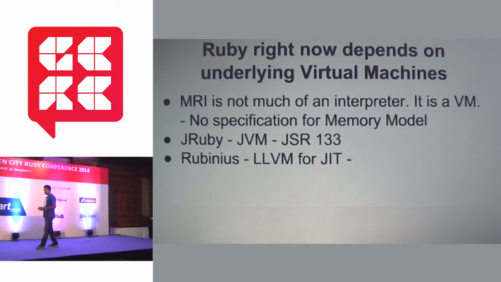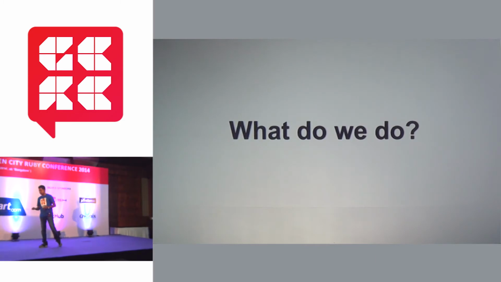And obviously, JRuby and Rubinius depend on the JVM and LLVM respectively, and they both have a clearly documented memory model. You could have a read at it. If Ruby had a specification for a memory model, it could be implemented using the constructs available on the JVM and LLVM. But this is what we have. We don't have much to do.